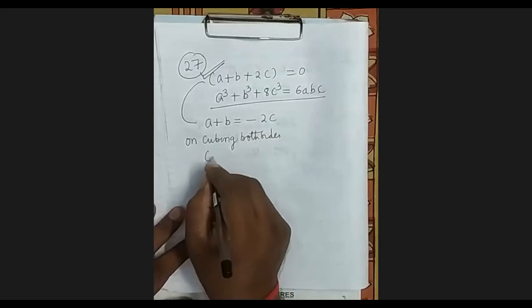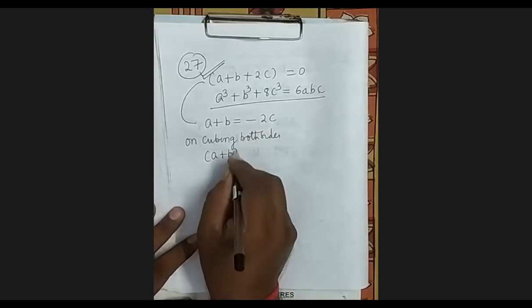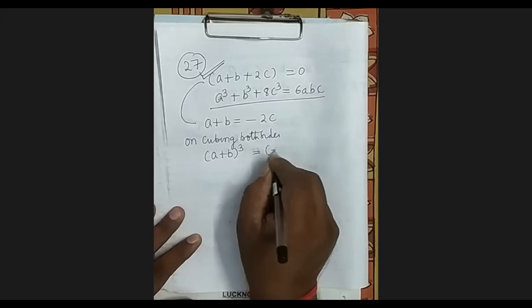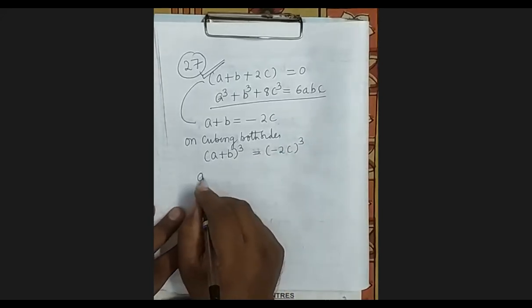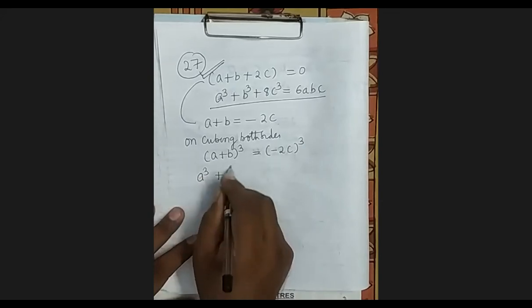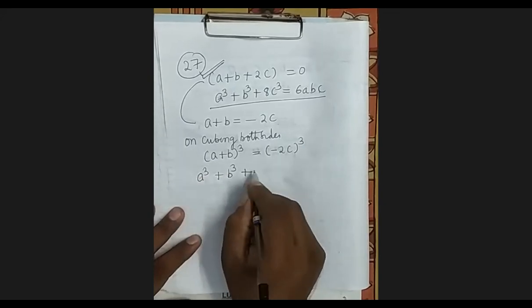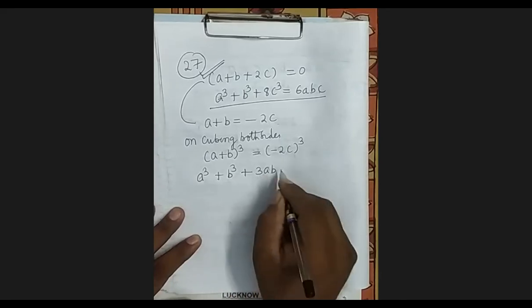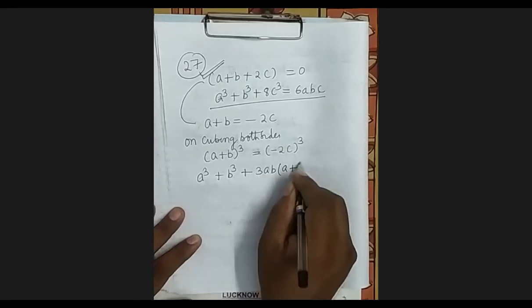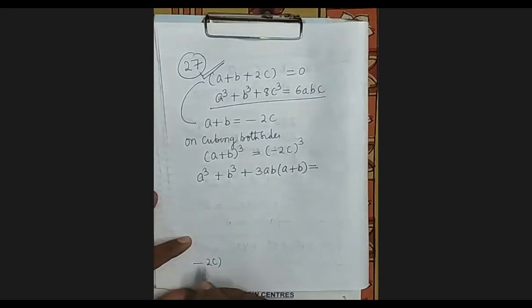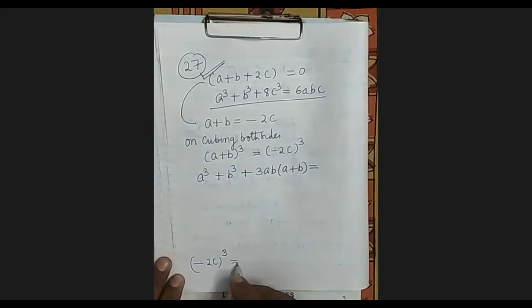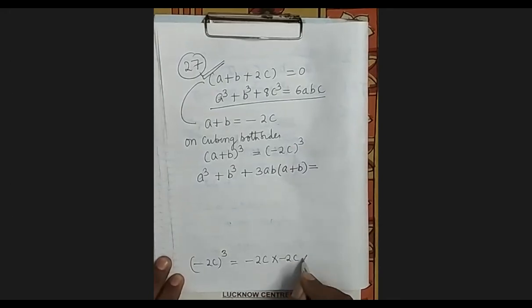When you cube both the sides, a plus b whole cube, that is minus 2c whole cube. So it will be equal to a cube plus b cube plus 3ab within bracket a plus b, and minus 2c whole cube equals to what? It will be equal to minus 2c into minus 2c into minus 2c.